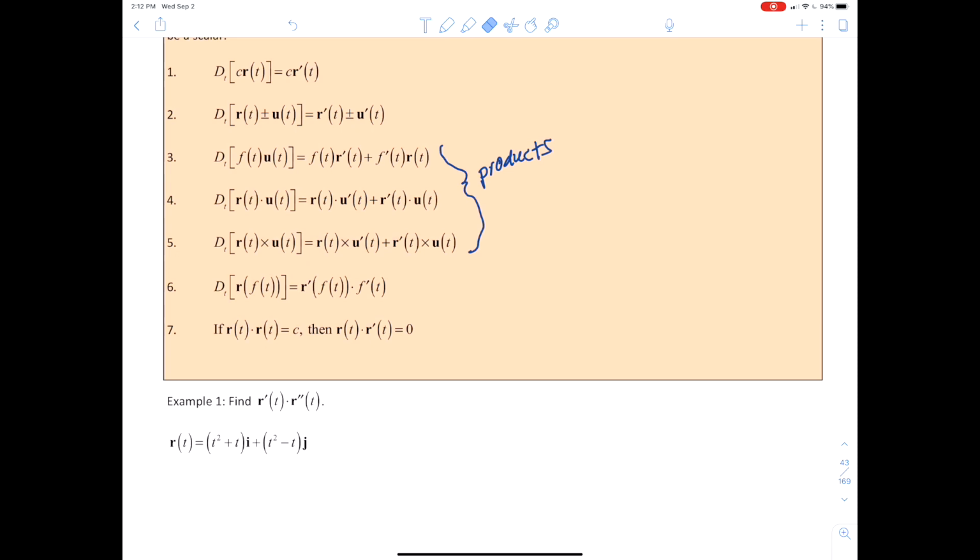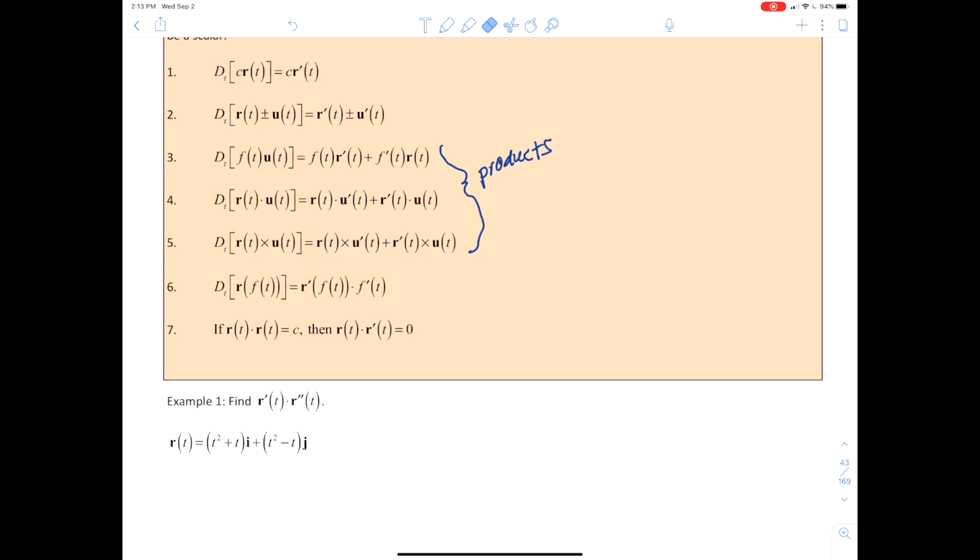When you have a dot product of two vectors at t, then you're going to have the dot product here. Instead of a multiplication of functions, it's the dot product between the vectors, but it still kind of follows that regular product rule for derivatives. And then for cross product, similar deal.